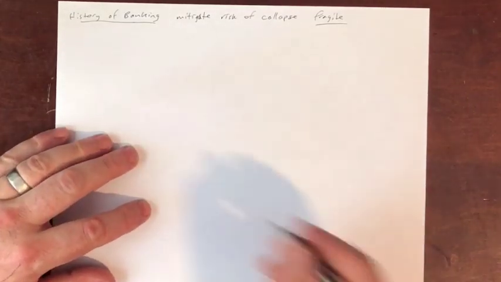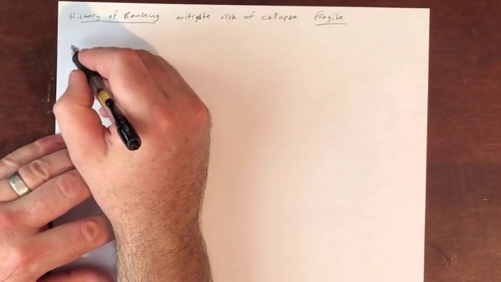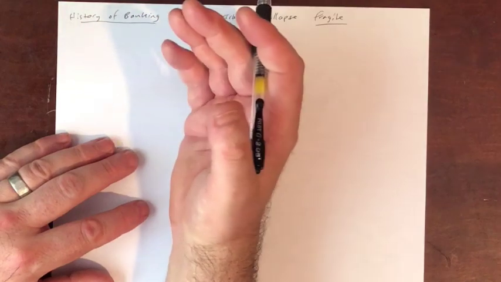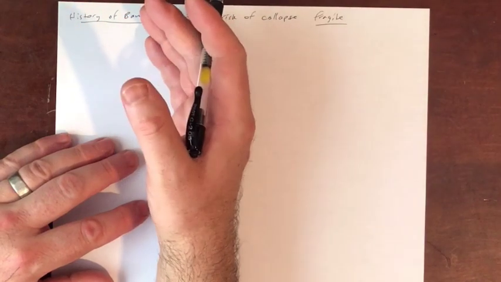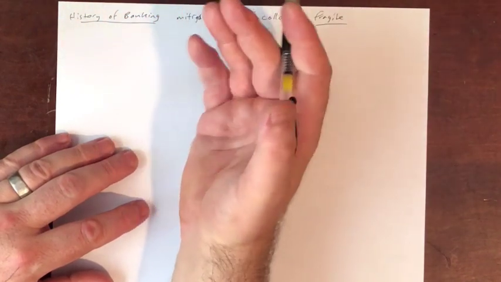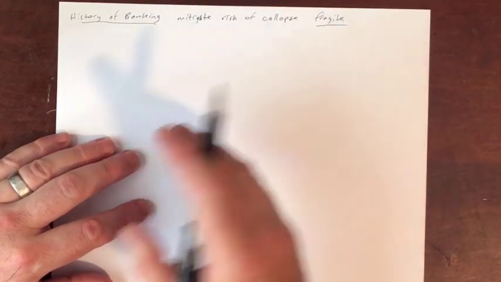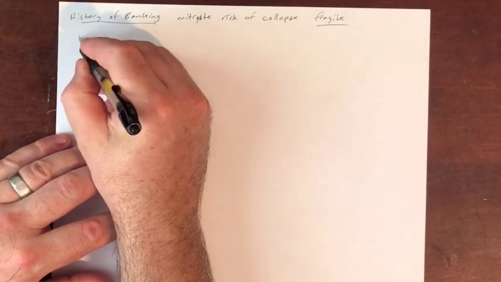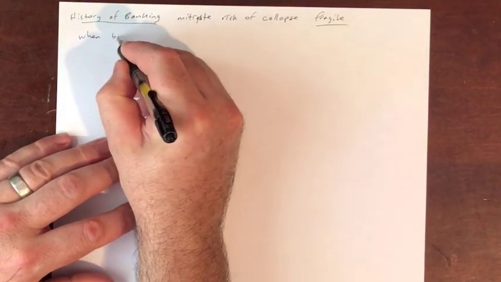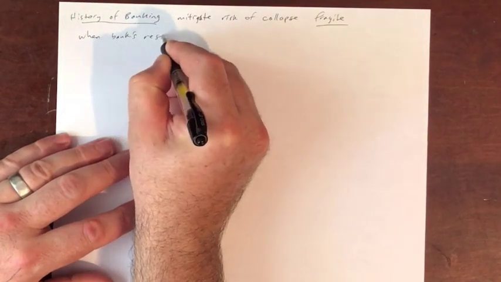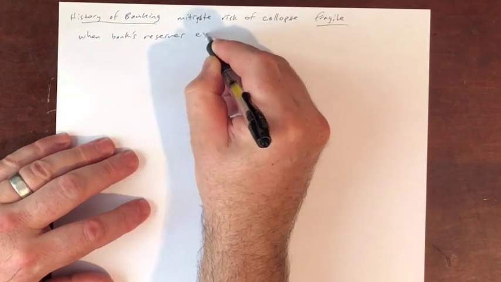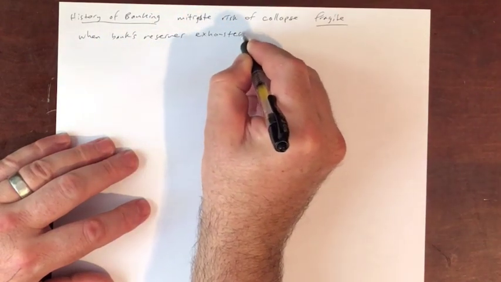Okay, so the first is, when banks face a contraction, a moment when there's greater demand for their deposits than what they actually have, banks' reserves become exhausted or they get low, right?